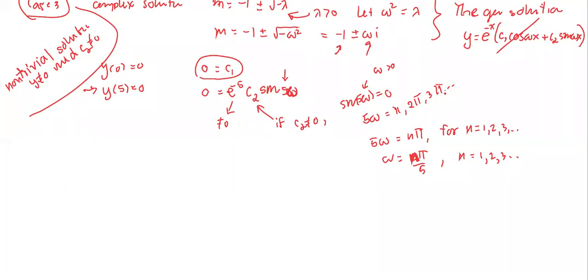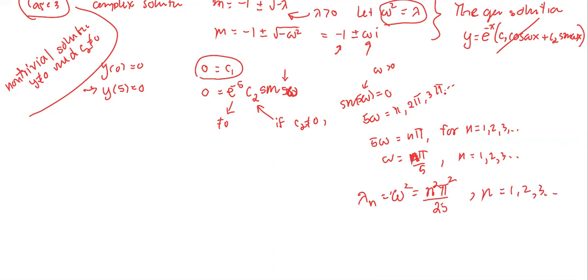From the relationship, lambda, which is the eigenvalue, is omega squared. So lambda n is omega squared, which is n squared times pi squared over 25, for n equals 1, 2, 3, and so forth.